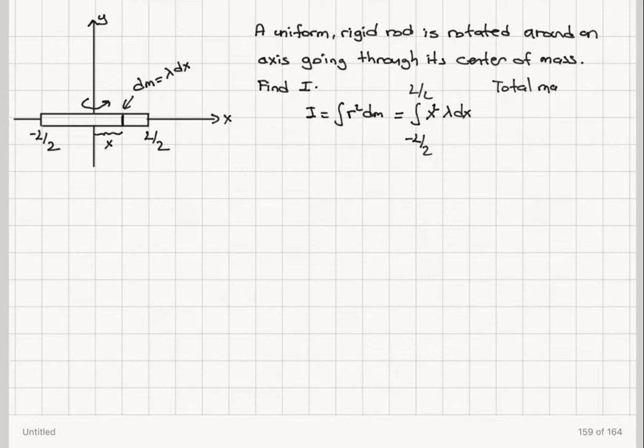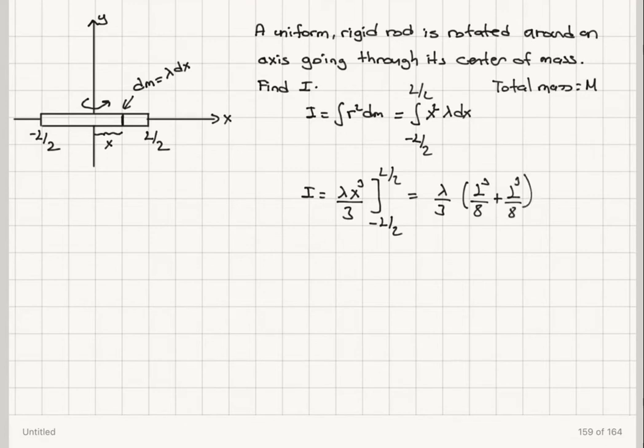So I note that the total mass is again capital M. The moment of inertia will be lambda x cubed over 3 between the limits minus L over 2 and plus L over 2. So it will be lambda over 3 times L cubed over 8 plus L cubed over 8.